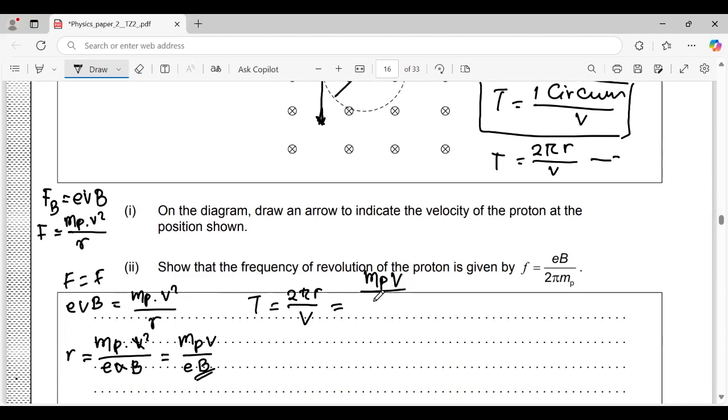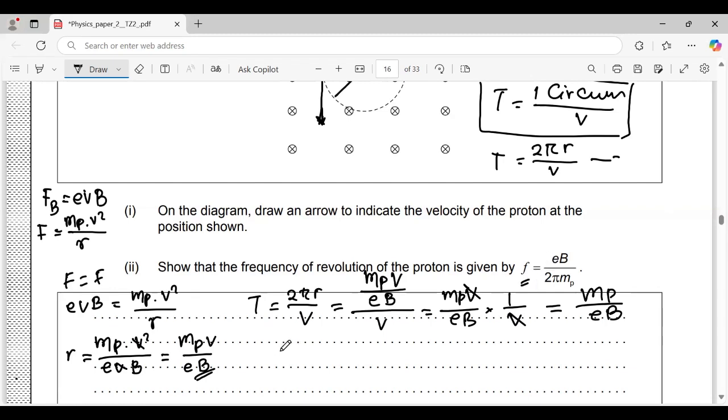So it becomes mv over eB times 1 over v. Divide. Okay, so it's going to be m over e times B, right.